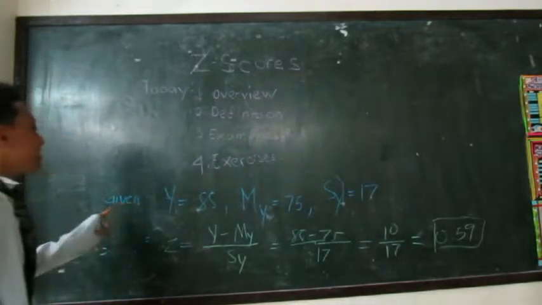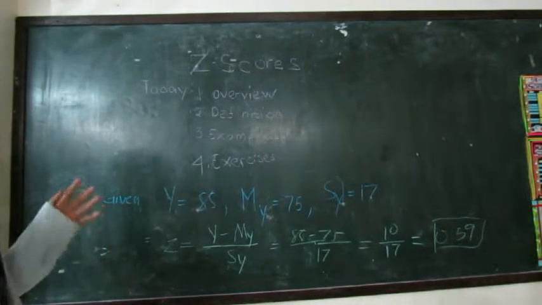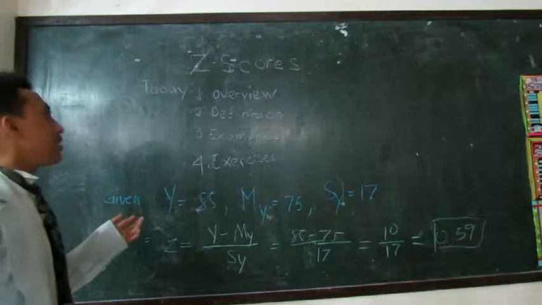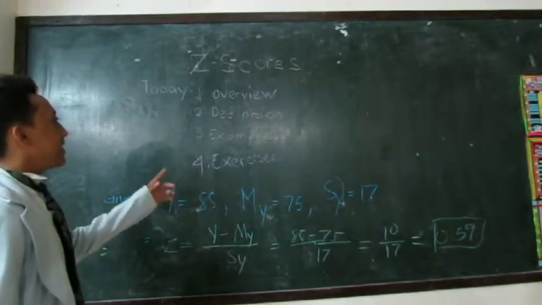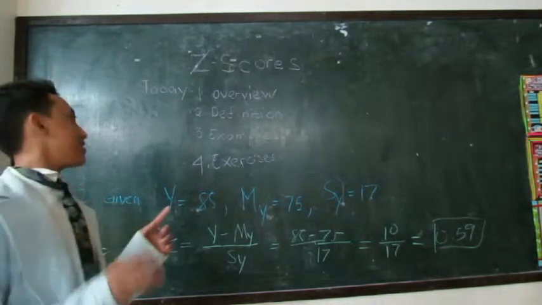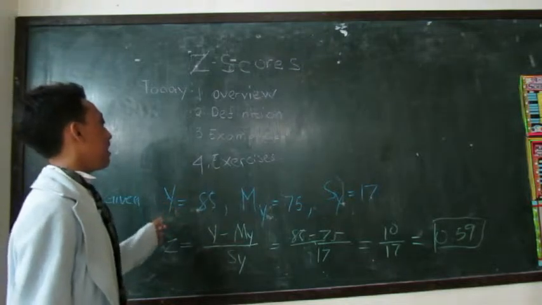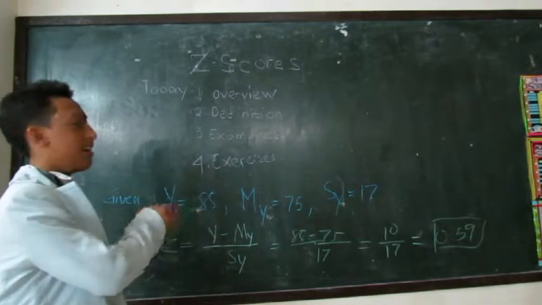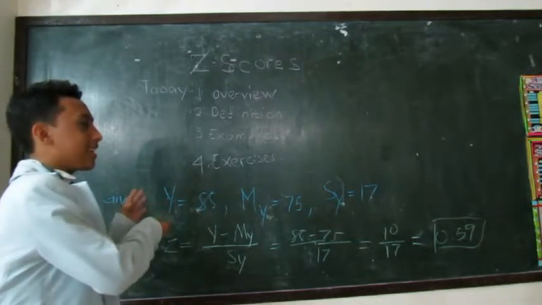And this is the given example how to get the z-scores, and in the definition you learned about the y, which is the regular.